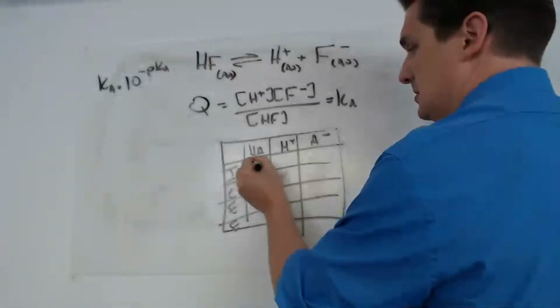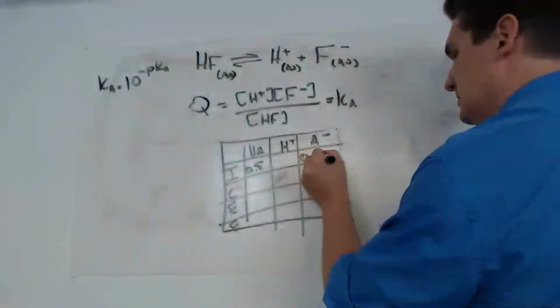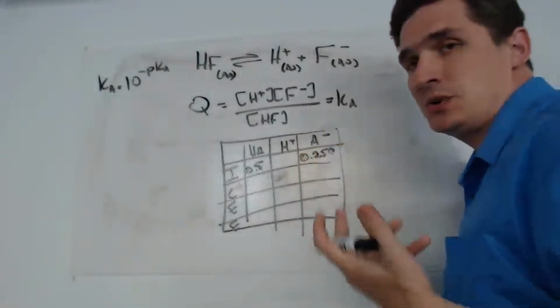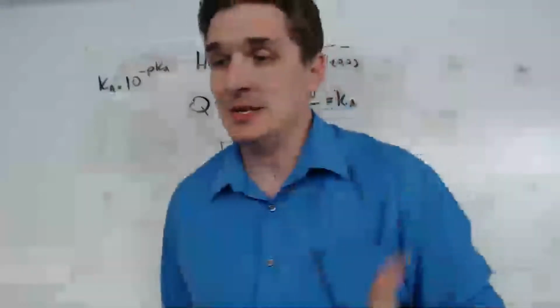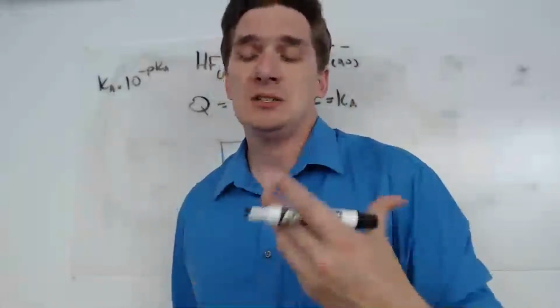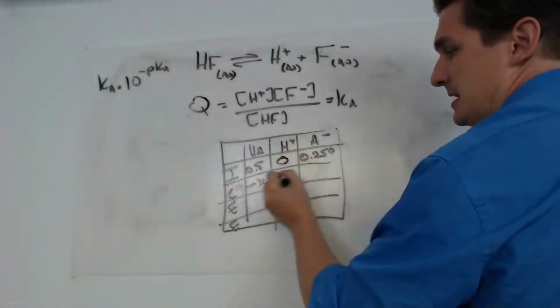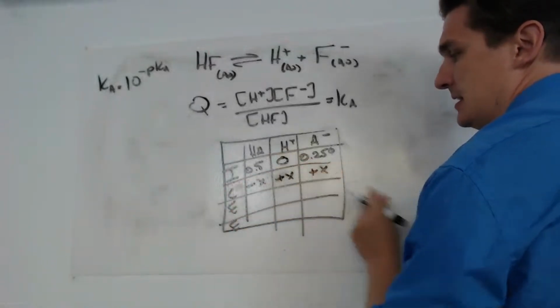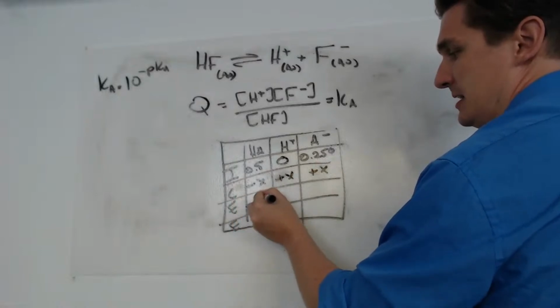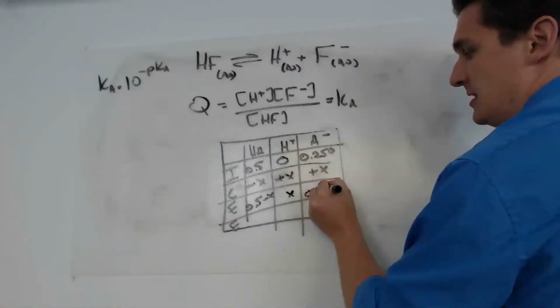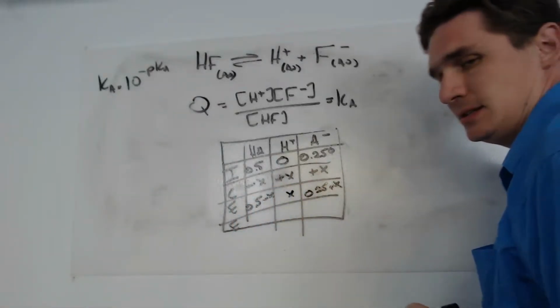You're given 0.5 molar HF, 0.25 molar sodium fluoride. And in this case, we're going to assume, even though water has H plus in it, that the concentration is effectively 0 compared to what the acid is producing. Our changes are minus X, plus X, and plus X. So we get 0.5 minus X, 0.25 plus X.